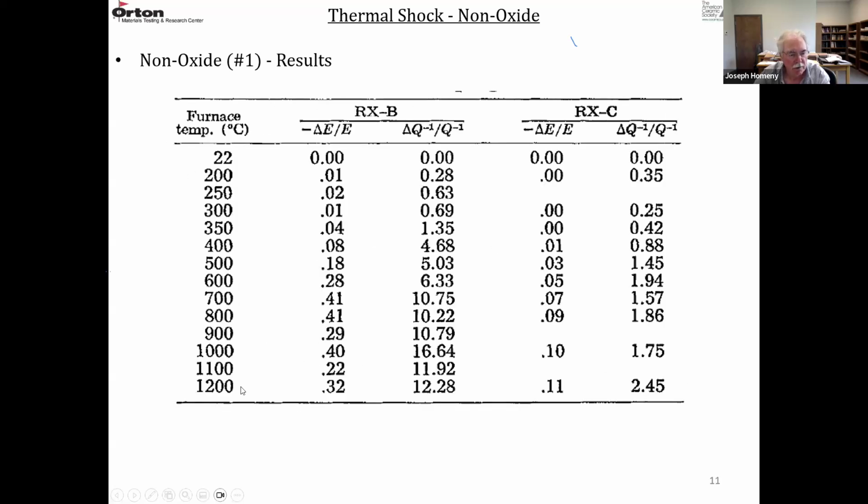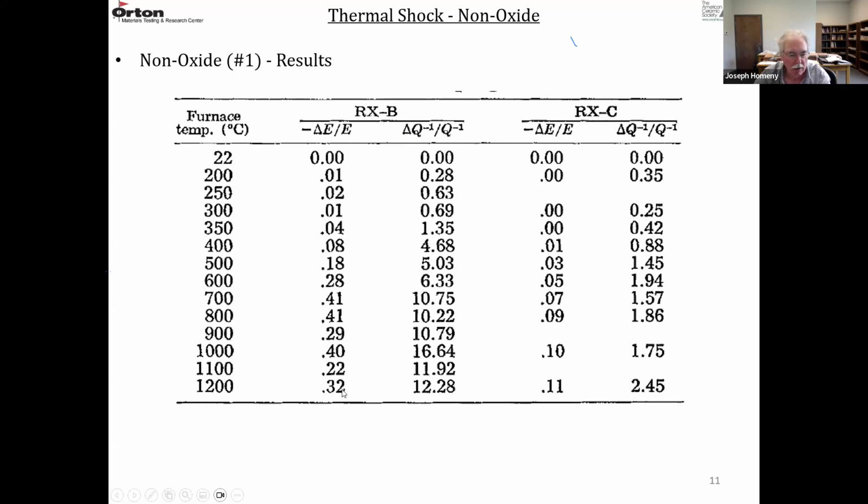So this is the furnace temperature. This is RXB, this is RXC. So the delta E over E, and then delta Q over Q. So this one is 0.32, and then this delta E over E is 0.11.